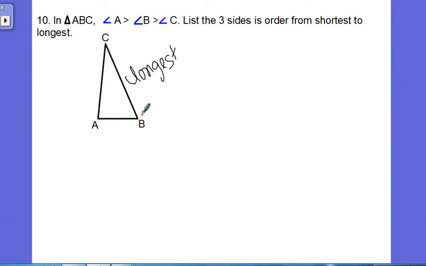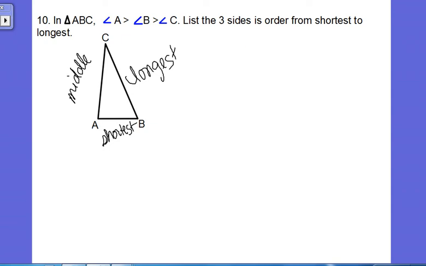If B is the middle angle, then the side opposite will be the middle length, and C is the smallest, so opposite that will be the shortest length. So from shortest to longest, we'd have AB, AC, and CB.